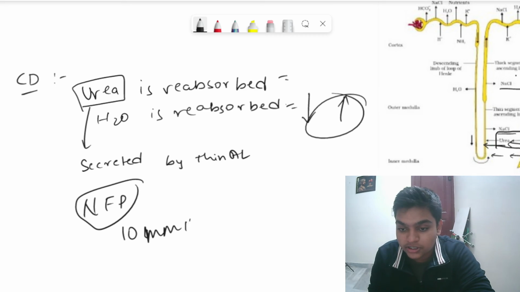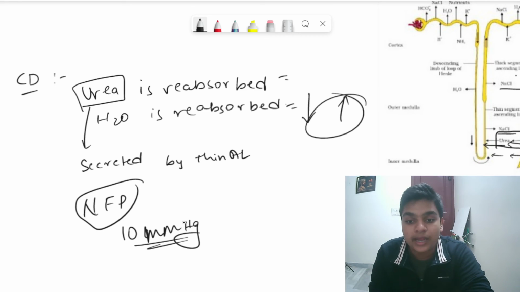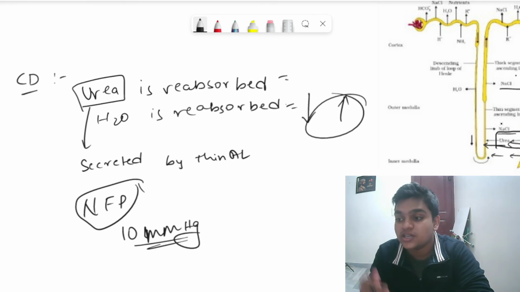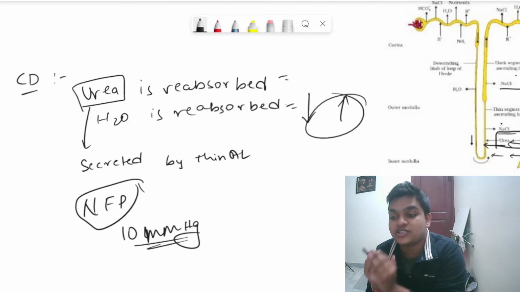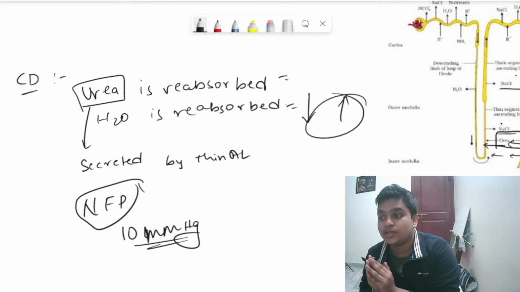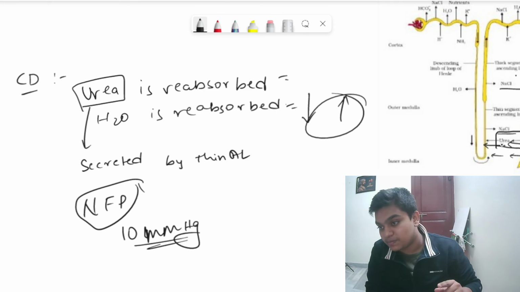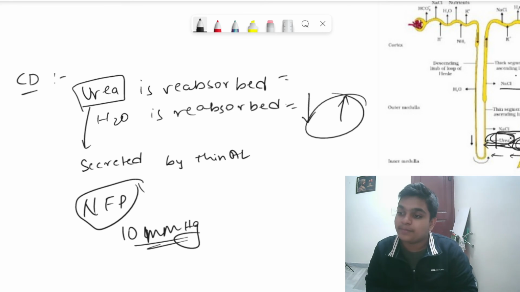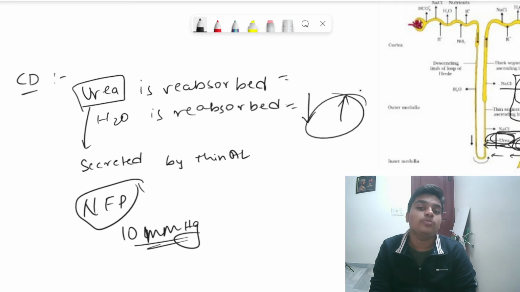In order to avoid this osmotic difference, these substances are being reabsorbed in some part and secreted in another part. The same amount of urea which is reabsorbed by this part is being secreted by the other part. The same thing goes with NaCl also, but here NaCl is with the vasa recta, not with the tubular parts.